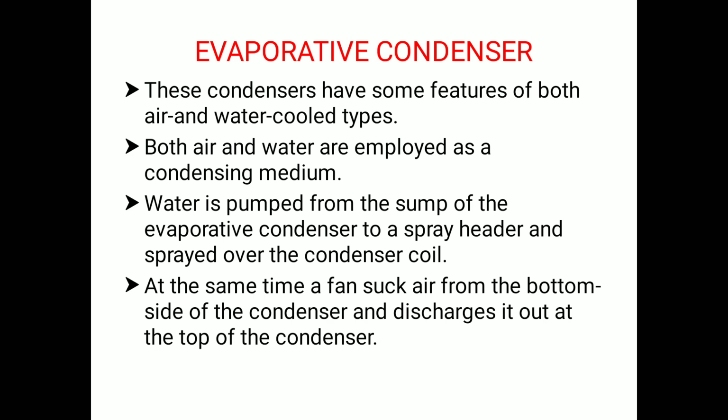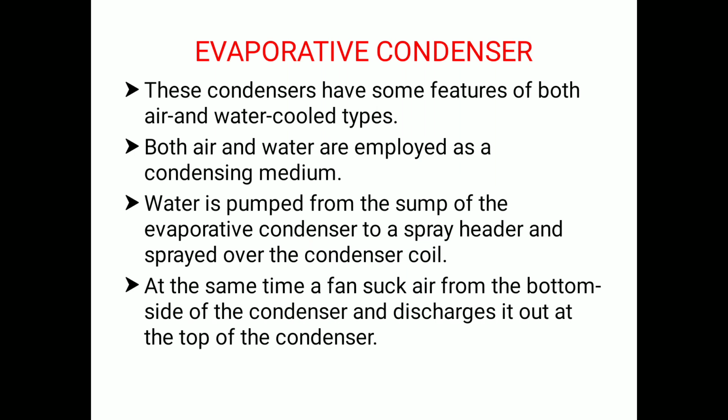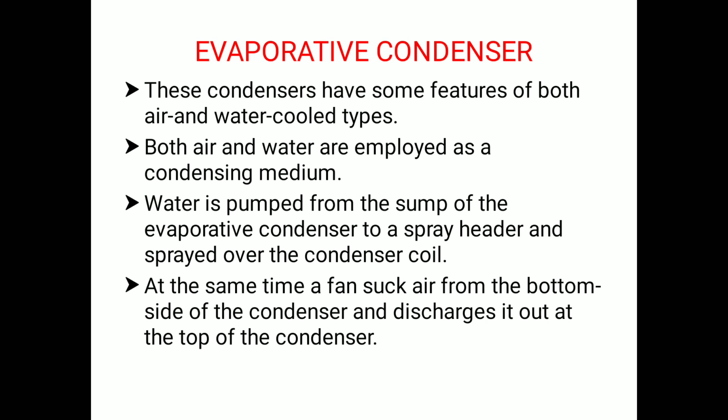At the same time, fans suck the air from the bottom side of the condenser to discharge it at the top of the condenser. You can see the fan which sucks the air from the bottom. An eliminator is provided above the spray header to stop the particles of water from escaping along with the discharge air.